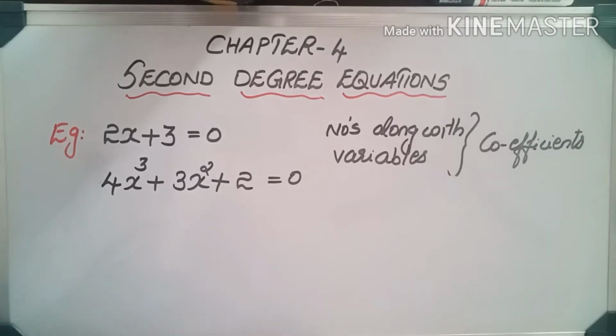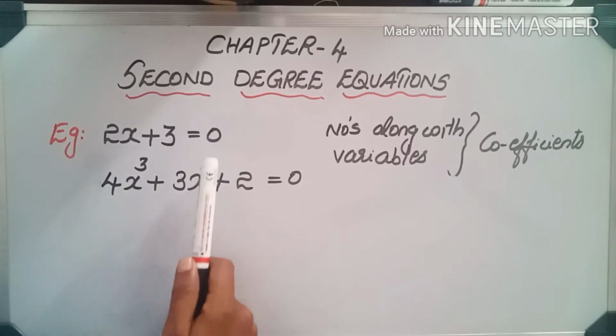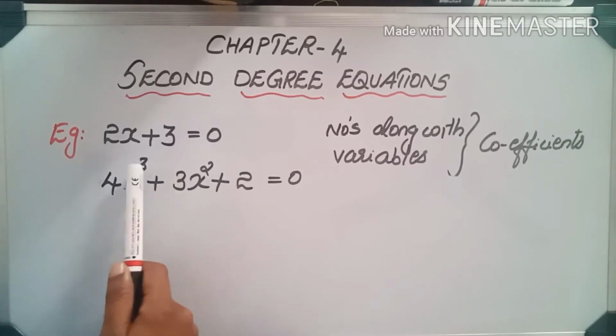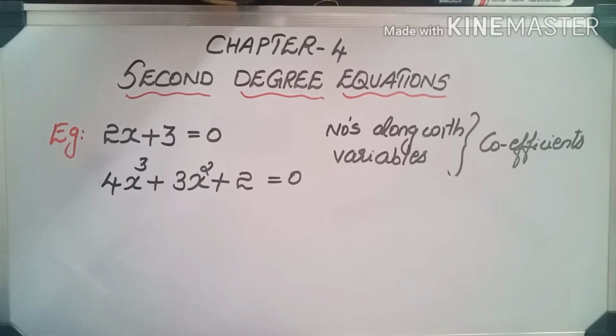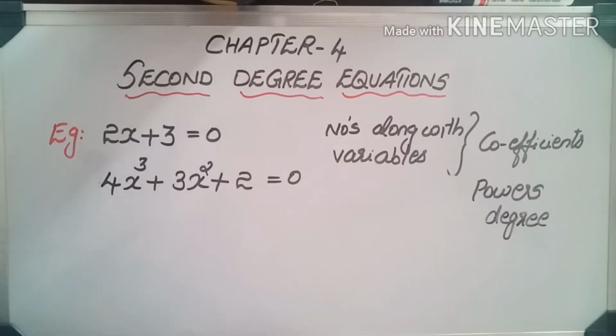Now next you can see some numbers on the upside of these variables, here 3 and here 2. These numbers are known as powers or degree. Depending on these powers we will give the name to these equations.